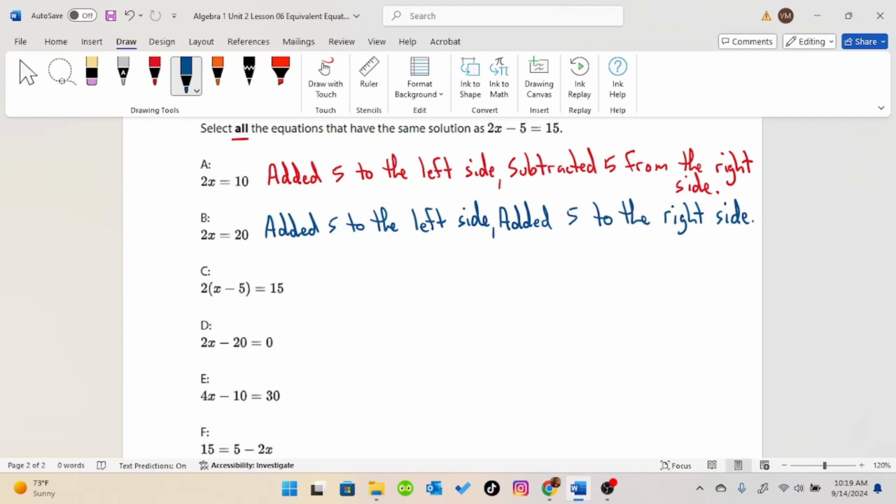Because they did the same thing to both sides, this is an equivalent equation.